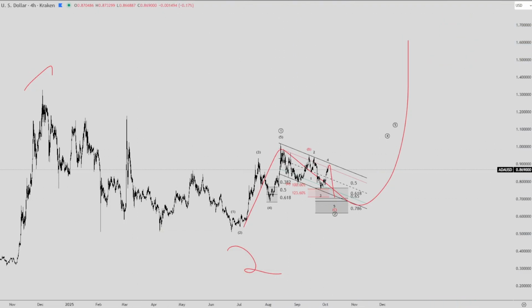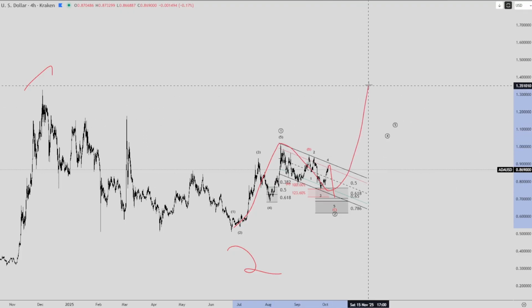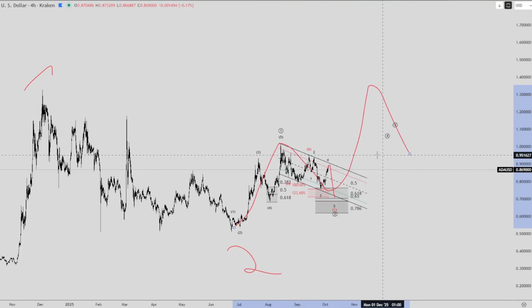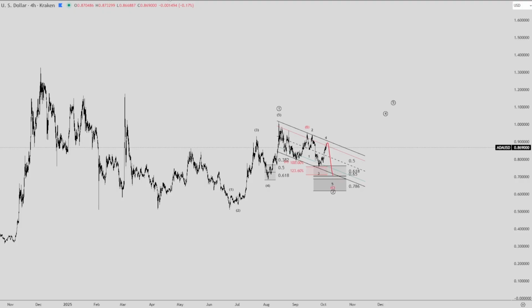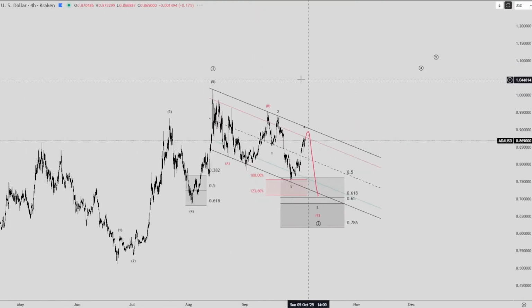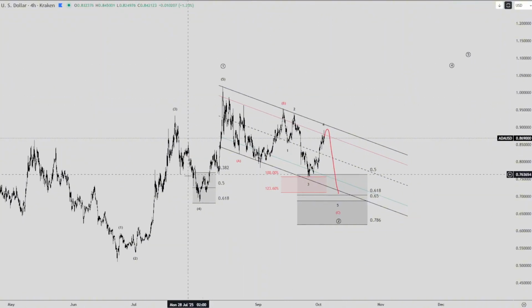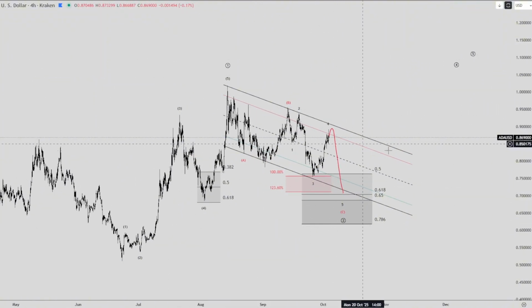So for me, it makes more sense to see it as a 1-2-1-2. But you could also say this is a 1-2, and we will later on see another 1-2, right? So this is also another possibility we have to keep in mind, but yeah, we will track that in the upcoming weeks and months. So yeah, I don't think it is a likely count, but you can count it that way.